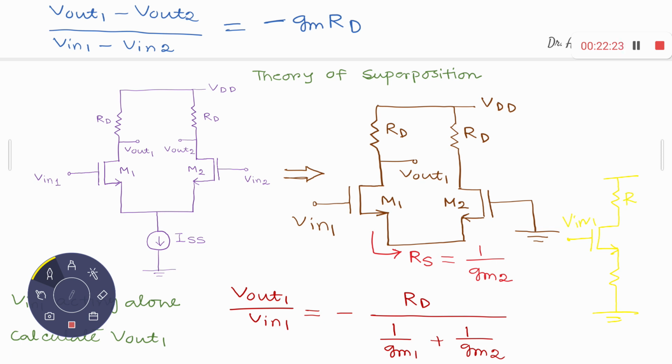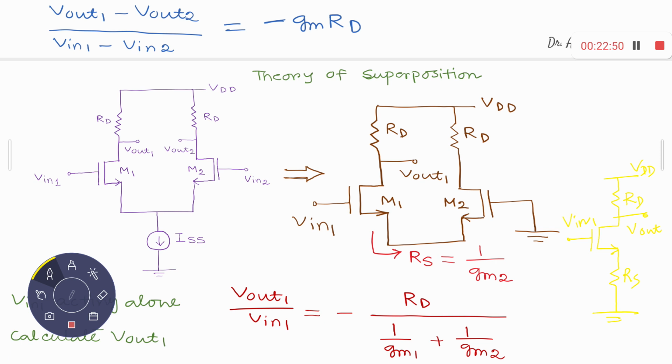This one is RD, this one is RS, this one is VDD, and this is my output terminal, Vout. Common source stage, so you must be having some phase inversion. That's why minus RD upon, because in that particular case we have neglected the channel length modulation r0, simply neglected. So minus RD upon 1 upon gm1 plus 1 upon gm2.